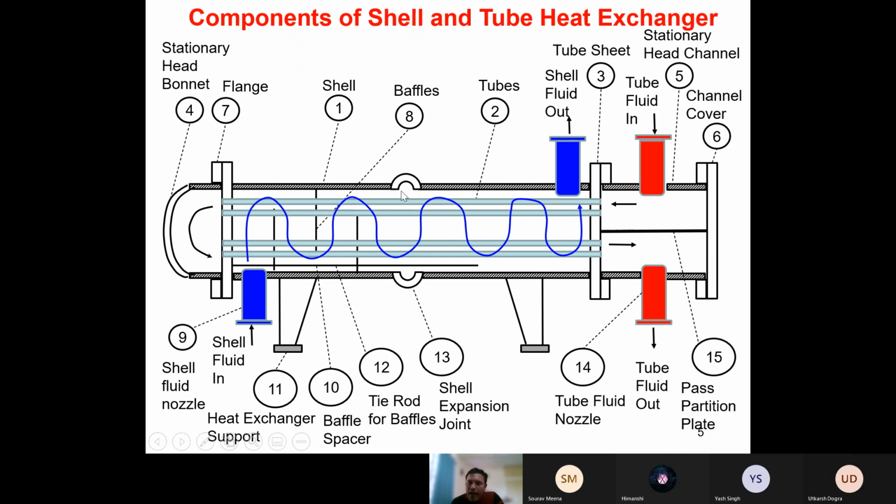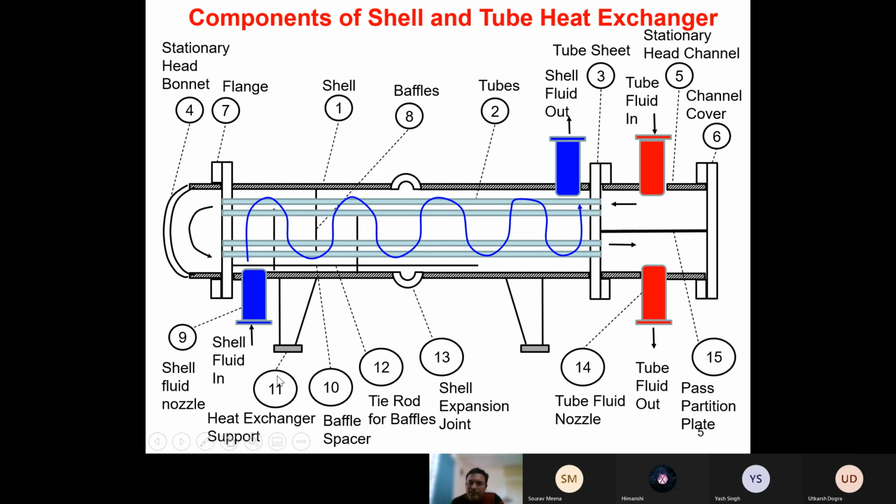This shell also has this expansion joint, because the material of construction of shell and tube could be different, and because of that the expansion of tubes and shell could be at different rates, and in order to manage that, the expansion joint is there. In order to have turbulence of the fluid for the shell side fluid flow, the baffles are added, and the baffle spacing is arranged using the baffle spacer and tie rod.